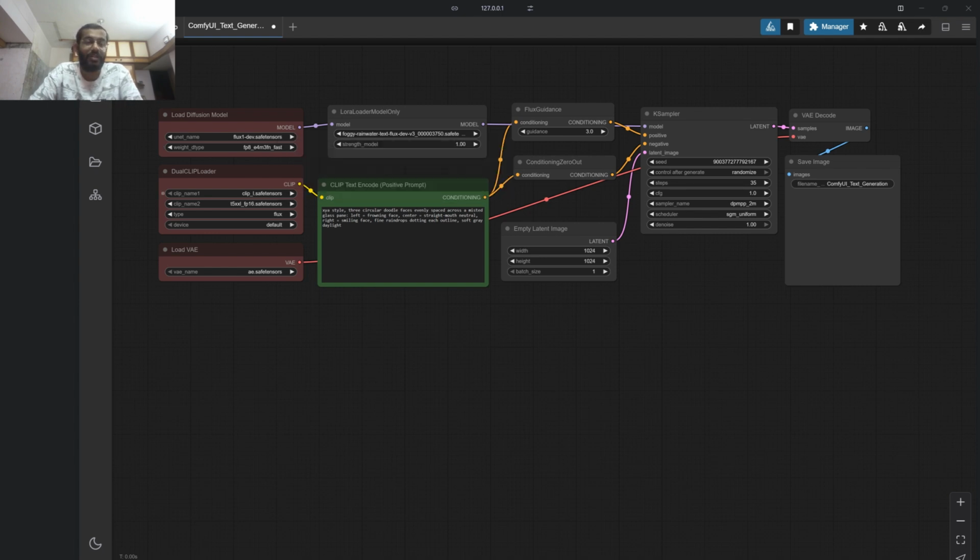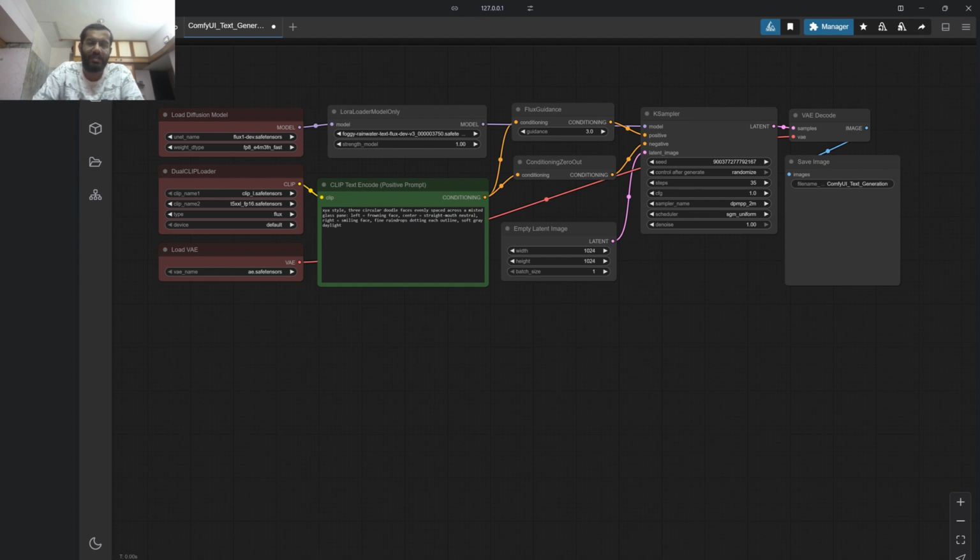Dual clip loaders, I have kept two clip loaders, which is very normal with the Flux workflows. Here I have kept FP16, and this is the main clip loader. And the VAE, the entire workflow is completely normal.